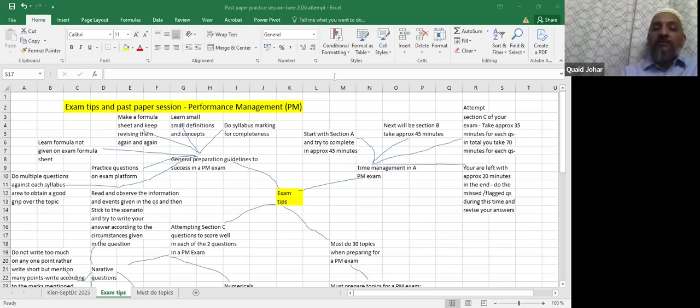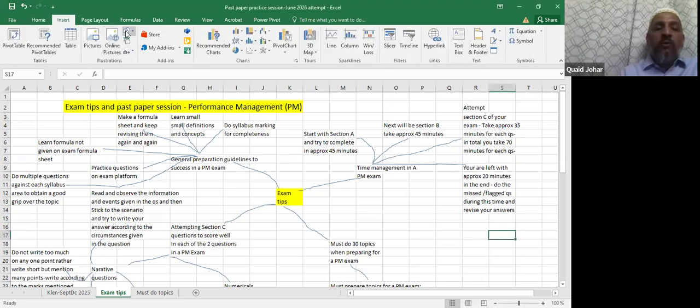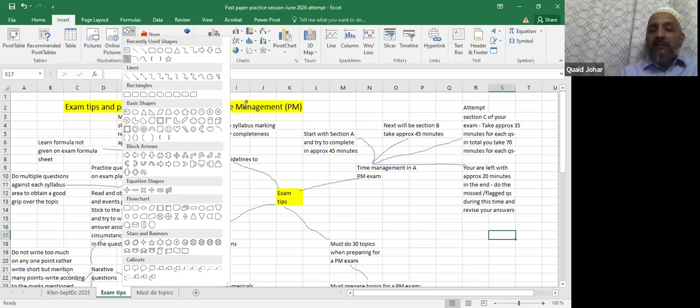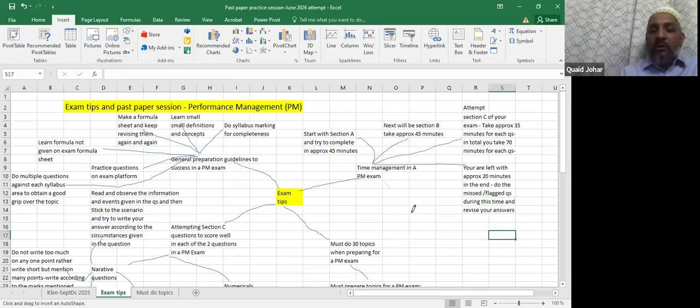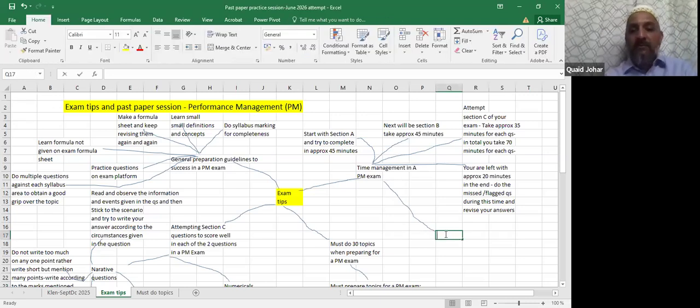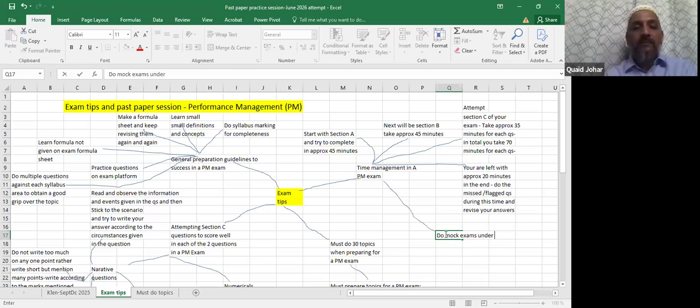So go for at least 1 or 2 mock exams under time constraints. Get a hold over time management.